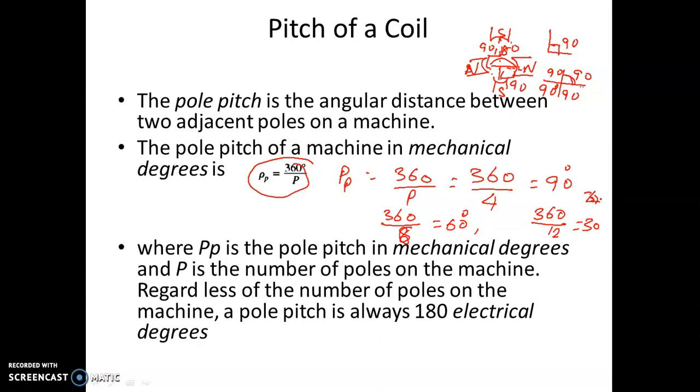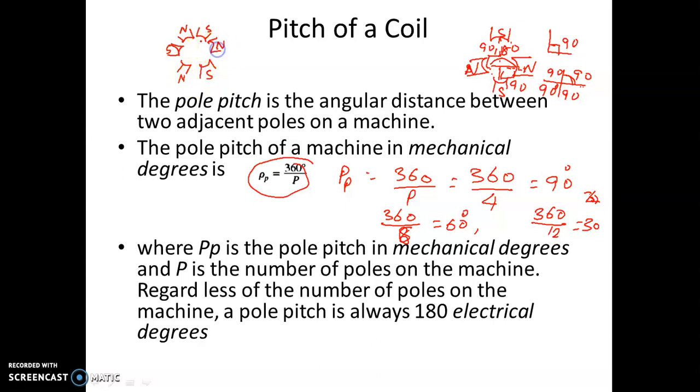Remember it is in mechanical degrees, not electrical degrees. Suppose there is another pole like this, and I am writing this north, south, north, south, north and south. How many poles? 6 poles are there.